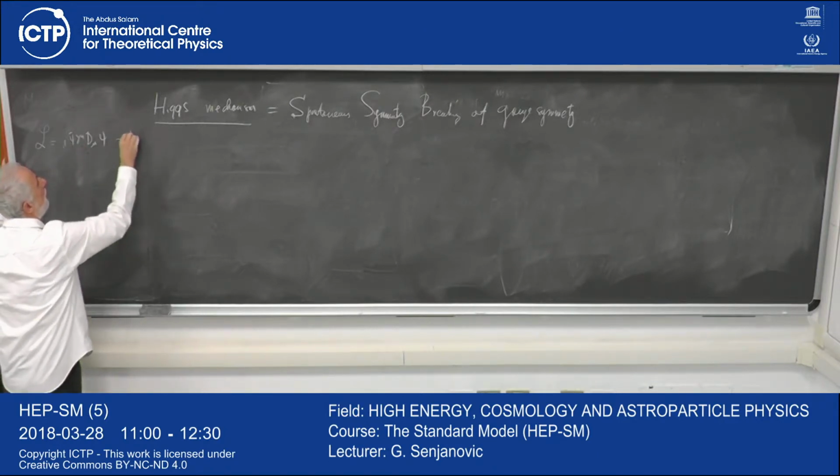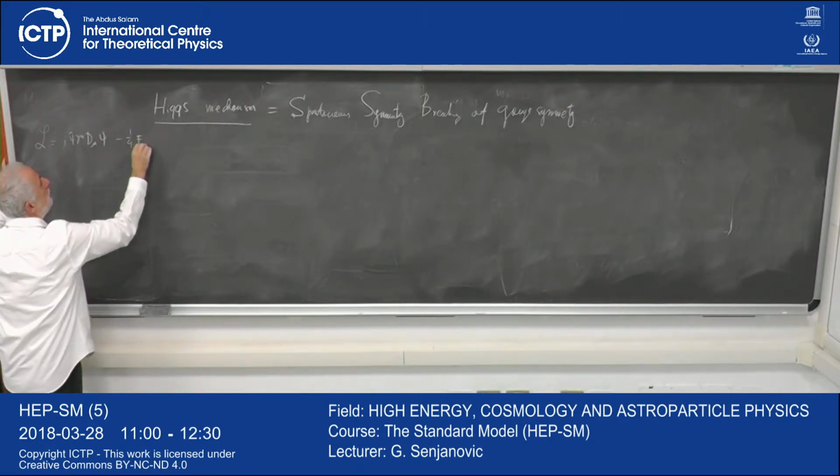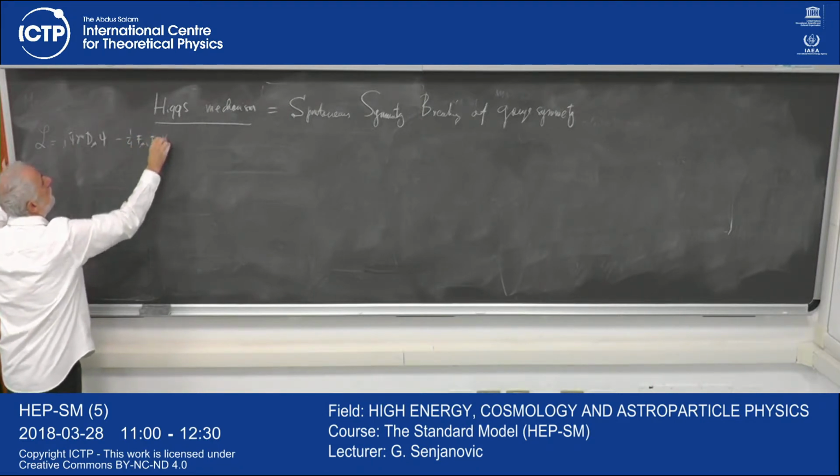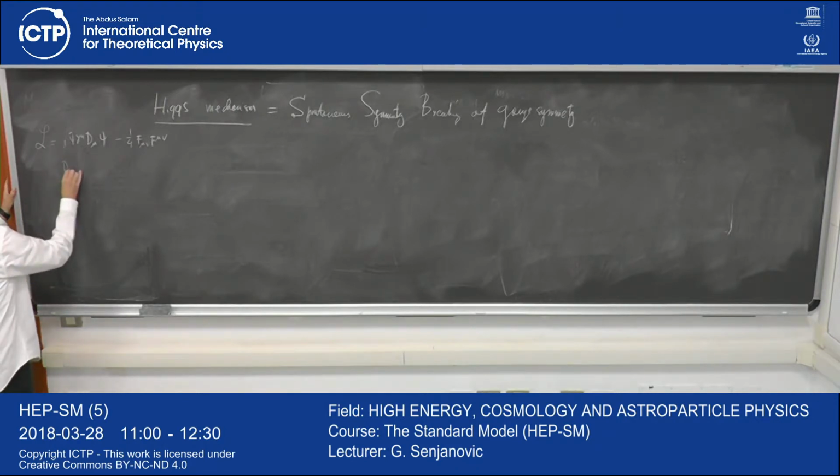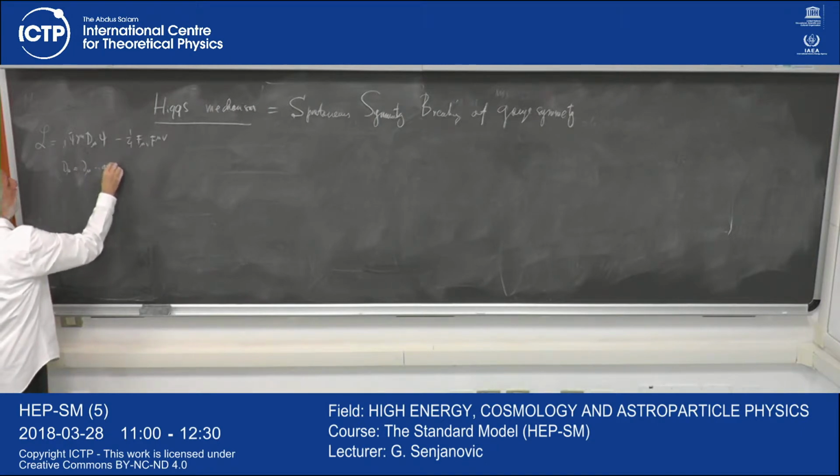Then I have the kinetic energy for the gauge field, where D_mu is d_mu minus some charge times A_mu.